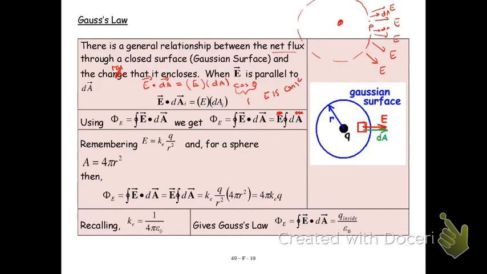And why is E constant on this Gaussian surface? What is it about this Gaussian surface's structure relative to the charge that tells me that the electric field is constant? It's inside, but there's something more specific than that. It's in a special place inside.